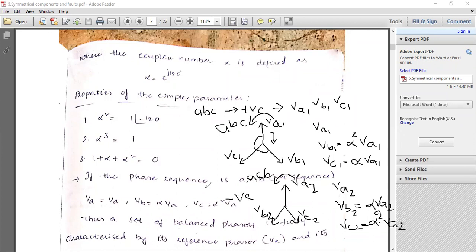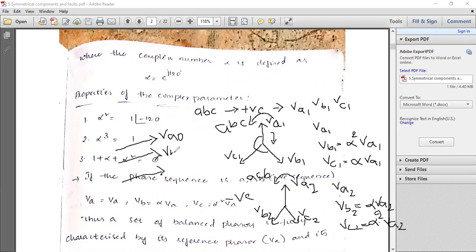And what do you mean by zero sequence? If you are considering again three vectors, zero sequence means there is no phase difference between the components. So the phase difference between the components is equal to 0. In that particular case, VA naught is equal to VB naught is equal to VC naught. Why? Because all the three phasors are equal.